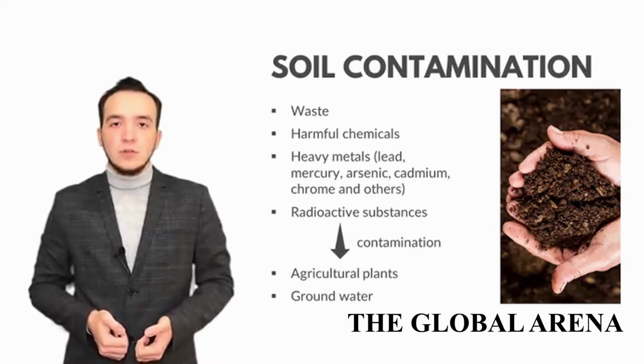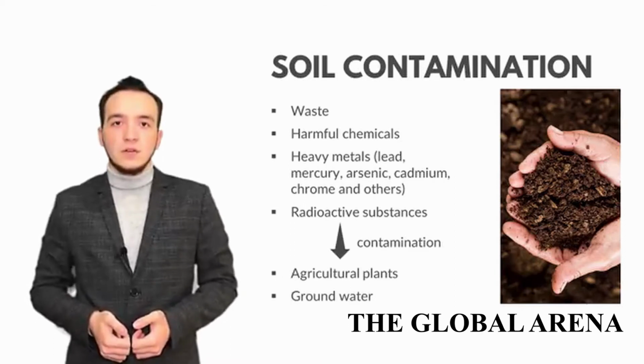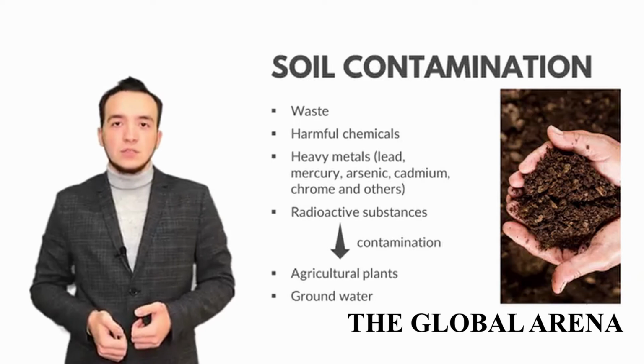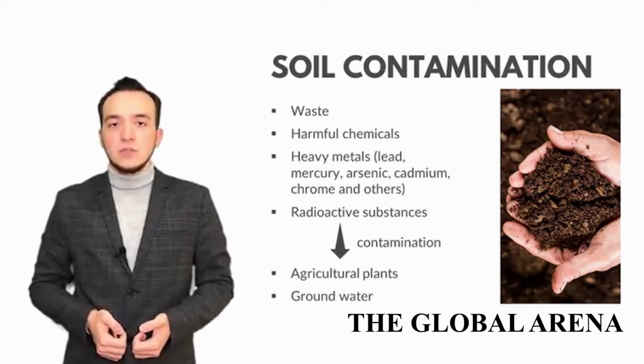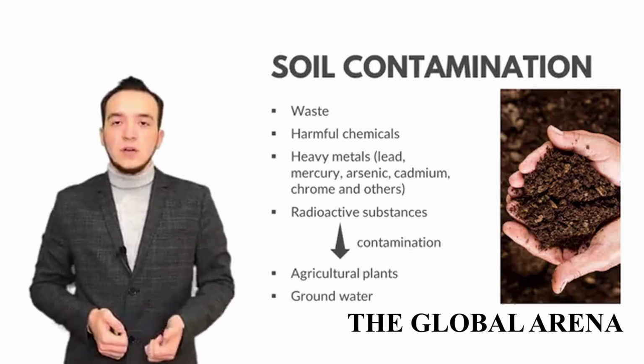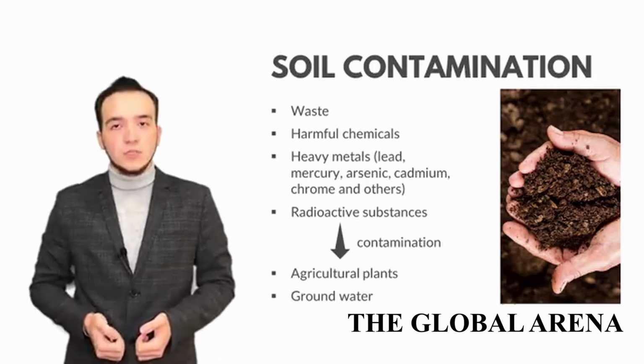And each type of soil has its own self-recovery limit. With constant contamination, soil loses its ability to self-recovery. Harmful chemicals, including heavy metals, get into harvest of agricultural plants and underground sources of drinking water, which causes diseases of humans and animals.